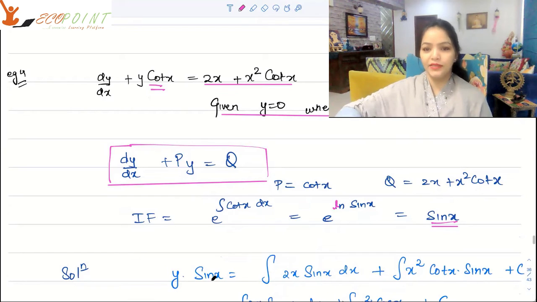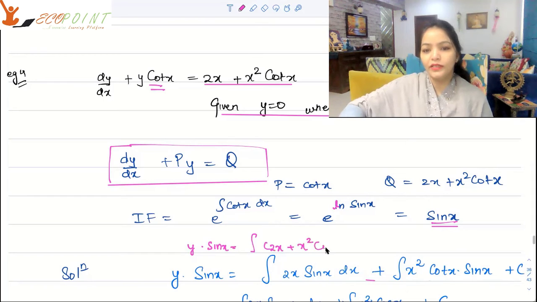So y times sine x equals integral of 2x plus x square cot x, into sine x, dx, plus c.